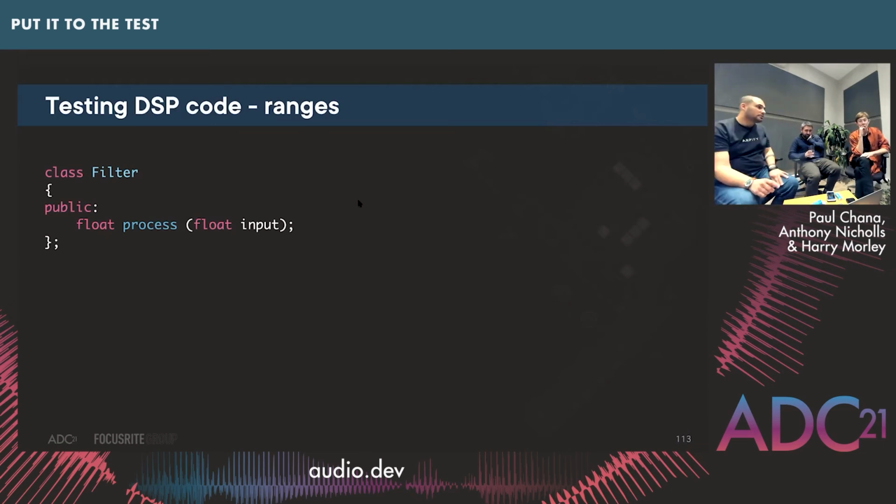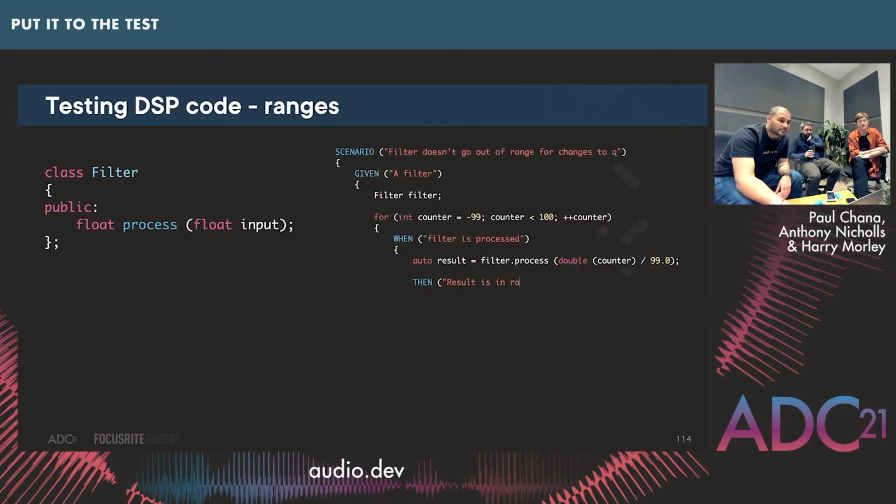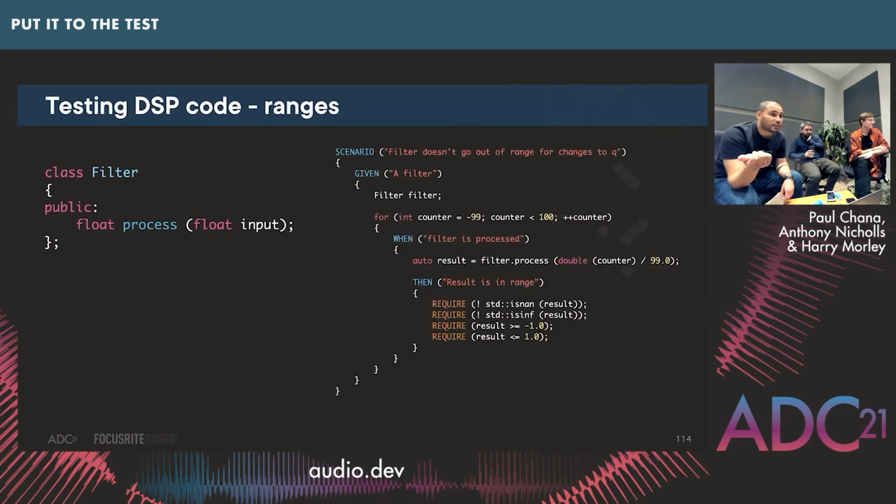So then the other thing that I mentioned earlier was about testing your process call. Normally you wouldn't write a process call that has just a single input and output, but for the purposes of this, just to show what I meant, you can test it by pushing values in and making sure that the result you get out is within a certain range.